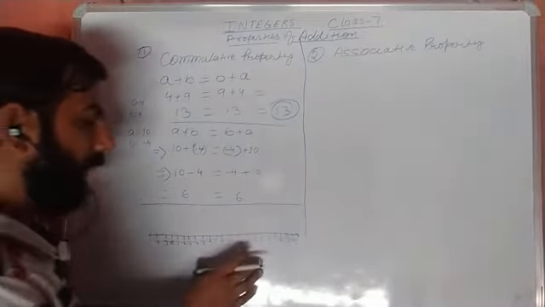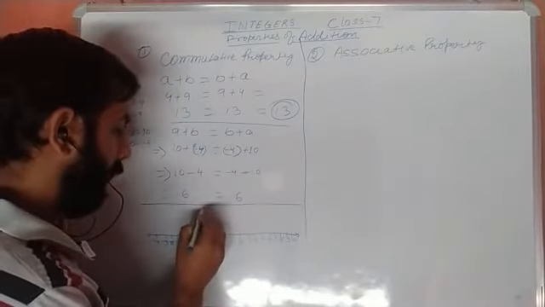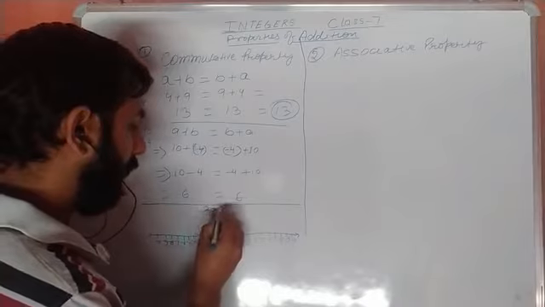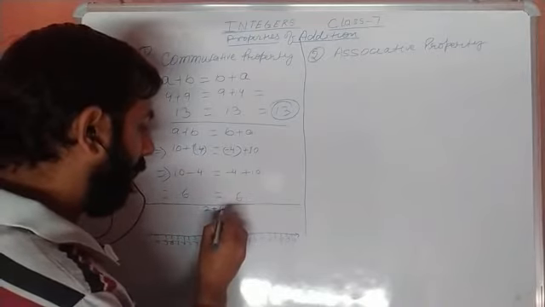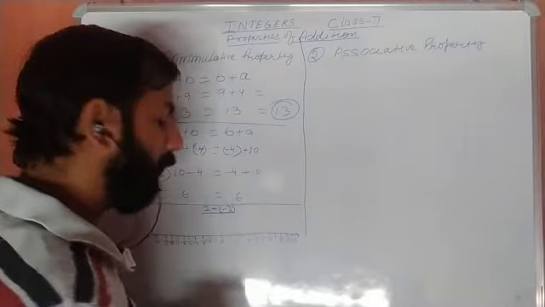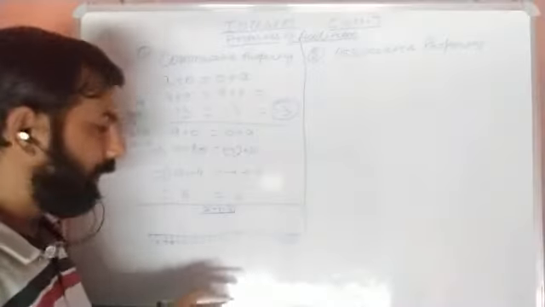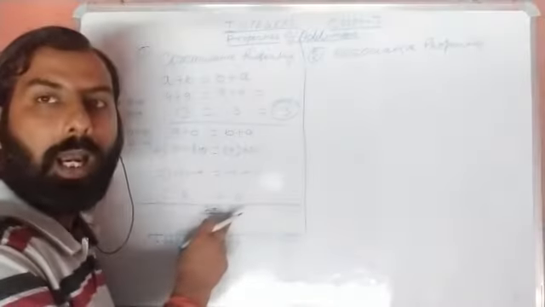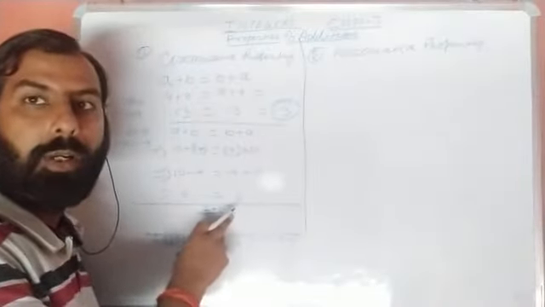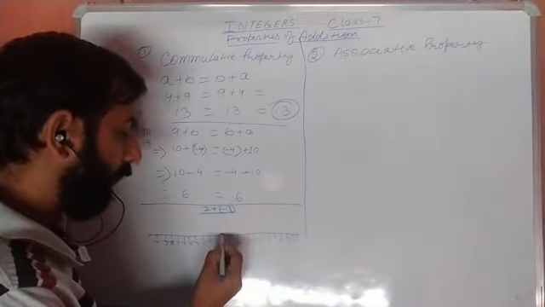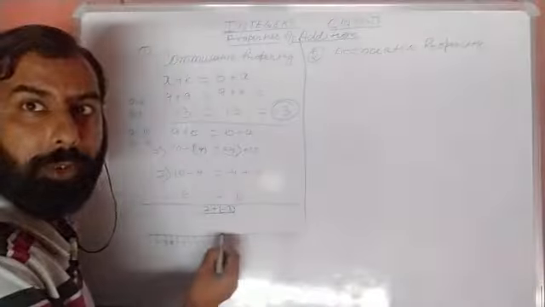So let us take, suppose, 2 plus minus 3. We have to plot these integers, plus 2 plus minus 3. How will you place them on a number line? First we put the 0.